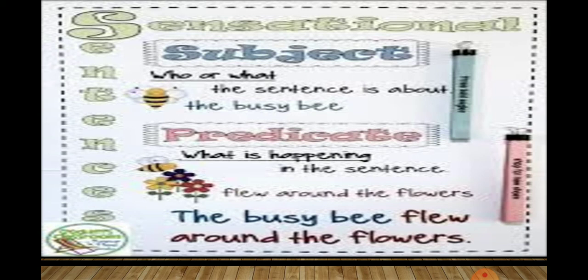So, the busy bee will become your subject. And what did the busy bee do? If you ask the question, you will get the answer flew around the flowers. So that is your predicate. So your subject is the busy bee and your predicate will be flew around the flowers. Okay?